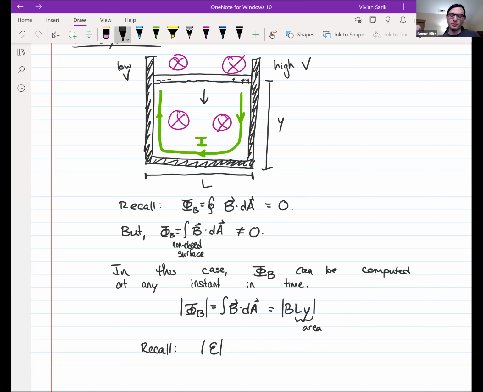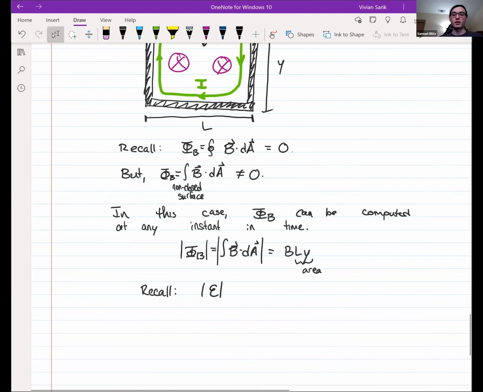Regardless of which one you pick, either B is pointing in the same direction as the area vector, or B is pointing in the opposite direction. If it's the same direction, then the flux just is BLY. If it's in the opposite direction, then the flux is negative BLY. And so I'm just talking about magnitudes here.